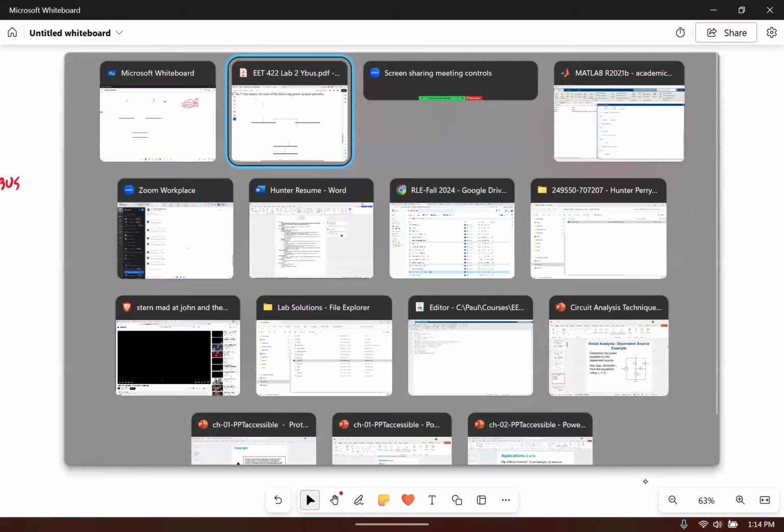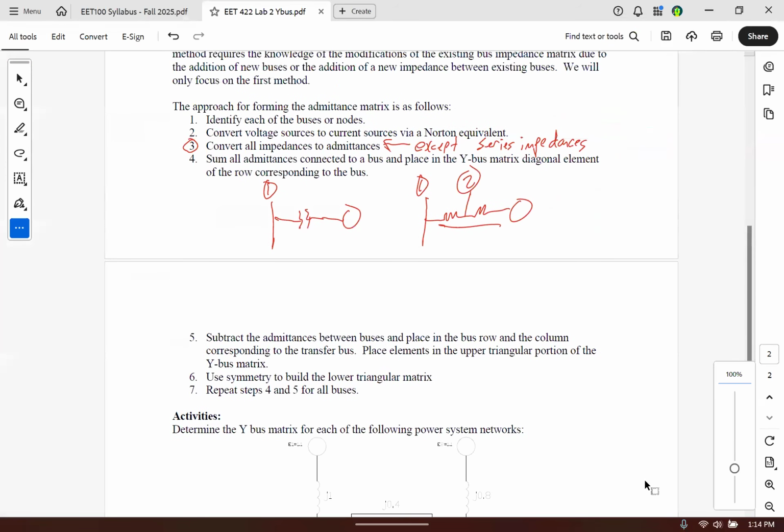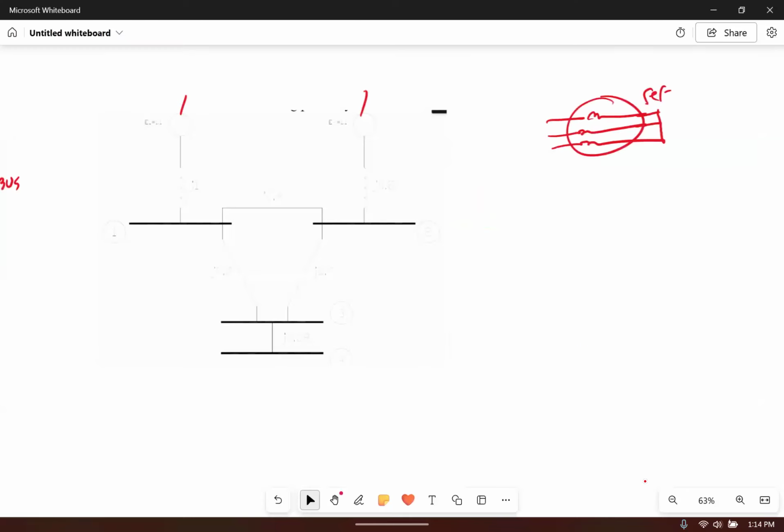Step 2 is convert voltage sources to current sources using a Norton equivalent. We'll call this bus 1. So we have VG1 equal to 1.1 and VG2 equal to 1.1 as well. Now we have to include the impedance.